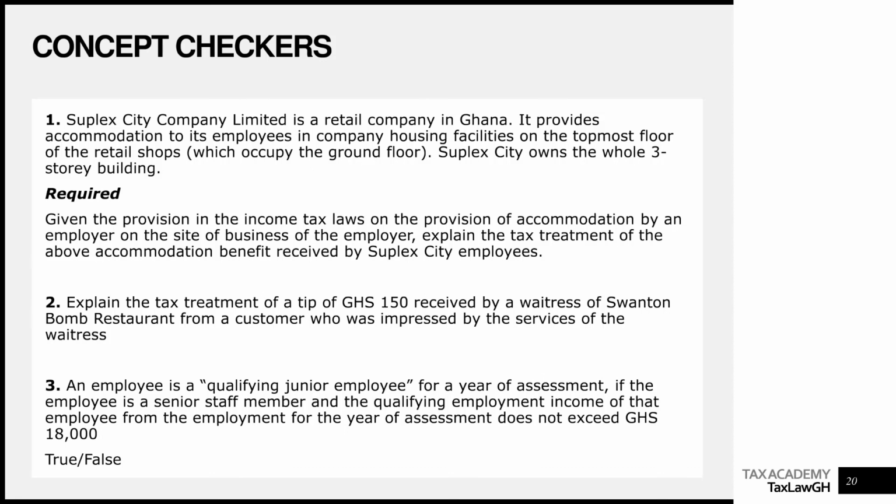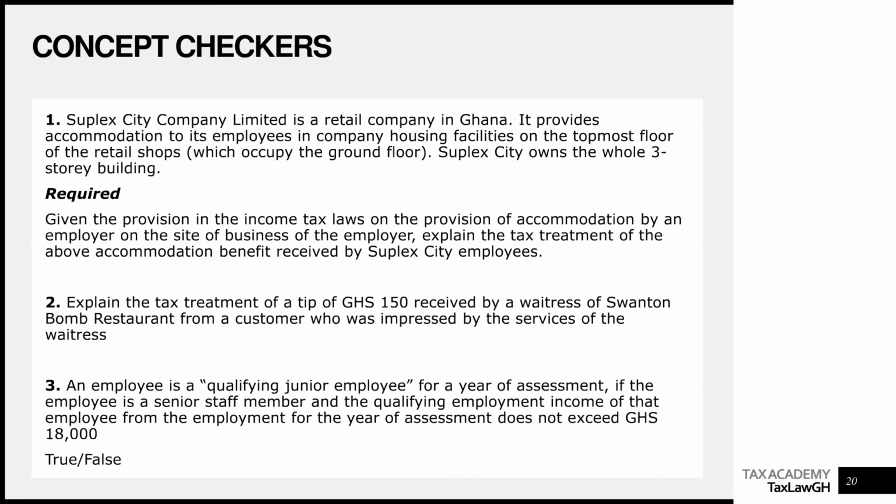And if you watched our first video, we said a gift received by an employee from an employment is technically part of the employment income of the person. So this waitress is required to include this 150 Ghana cedis as part of employment income and get it taxed accordingly.